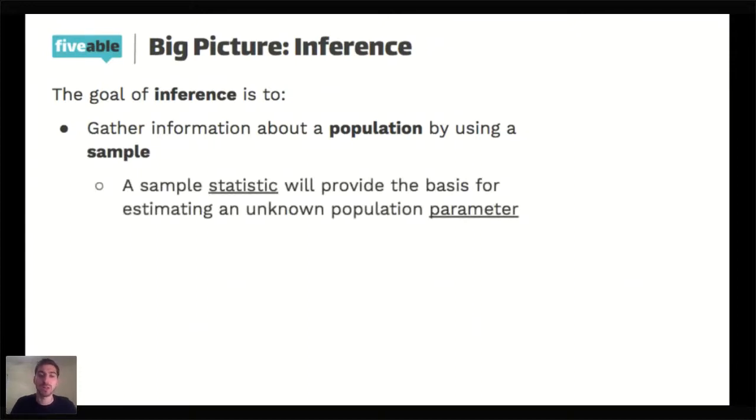And so the statistic you get from your sample, whether it's a p-hat or an x-bar or a sample median or whatever you're trying to calculate, is going to provide the basis for estimating the corresponding parameter: population proportion, population mean, population median, in the given population that you're taking a sample from.